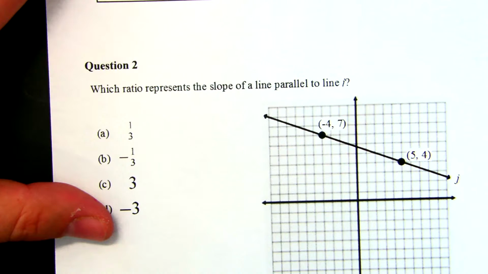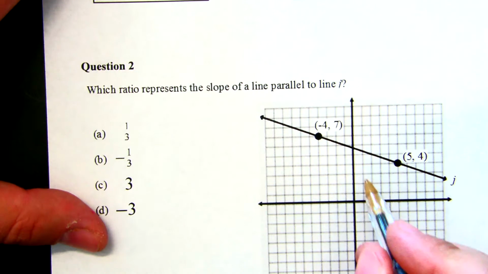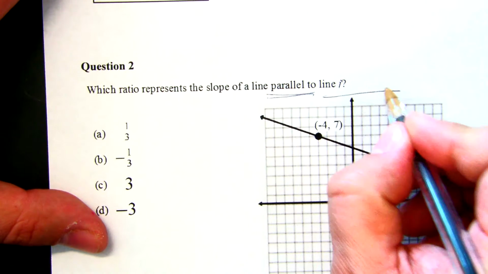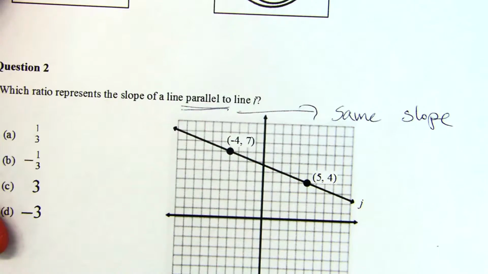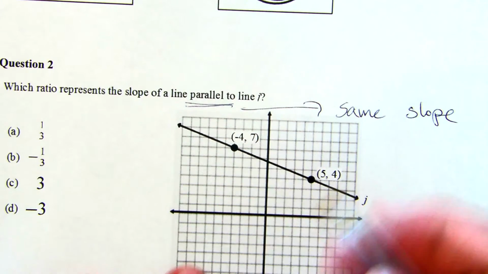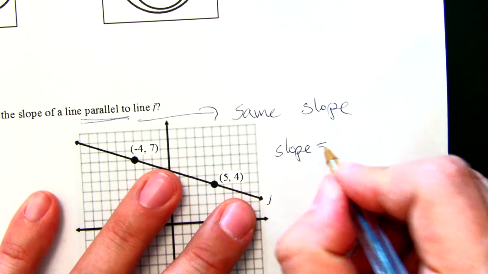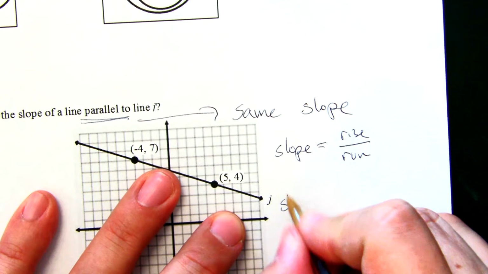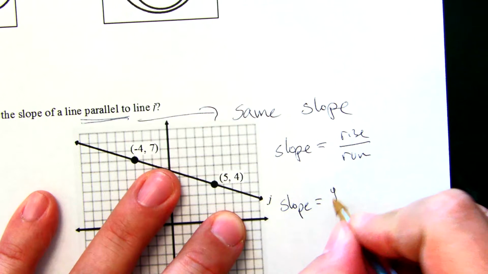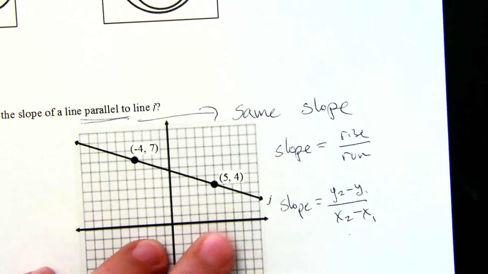All right, ratio. Which ratio represents the slope of the line parallel to line F? Well, parallel means same slope. We can do this any number of ways. We could do rise over run. We know slope equals rise over run. We also can do slope equals y2 minus y1 over x2 minus x1.